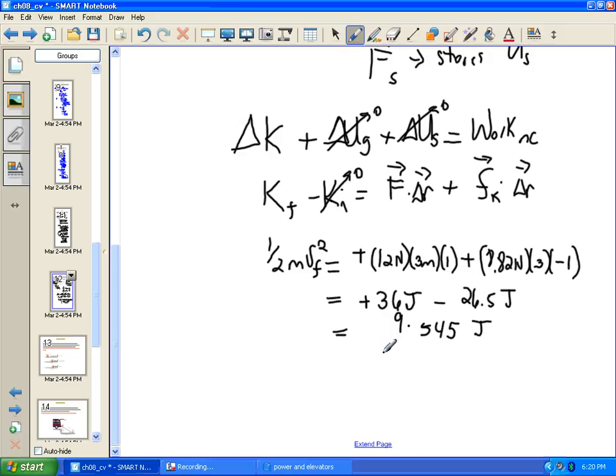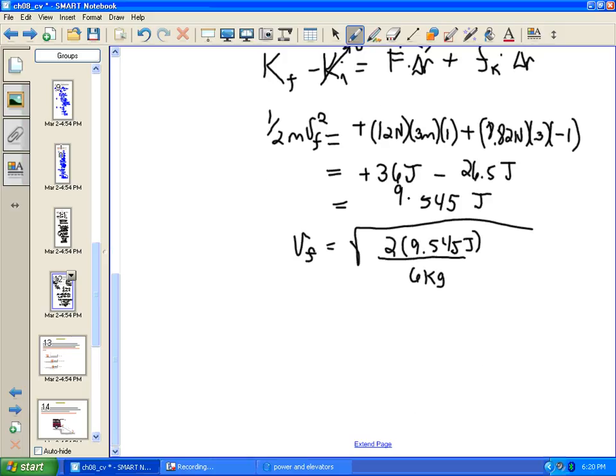And so when we solve for v, v final is going to be equal to the square root of 2 times the work done by the non-conservative forces here, divided by the mass, which is 6 kilograms, and that should give us a value v final, which is 1.78 meters per second.